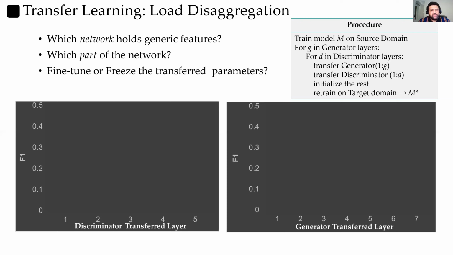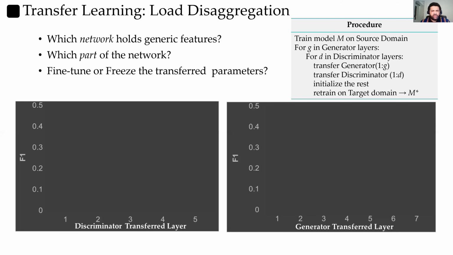And on index 3 of the x-axis of the same left figure, we will plot the average F1 score across all models in which we transferred up to layer 3 of the discriminator, regardless of the generator layer. Similarly, on the right figure, on index 5 of the x-axis from the generator perspective, we will plot the average F1 score across all models in which we transferred up to layer 5 of the generator, regardless of the discriminator layer.